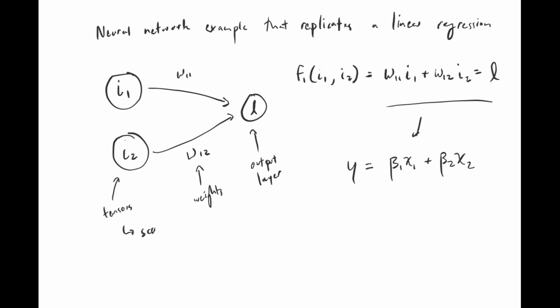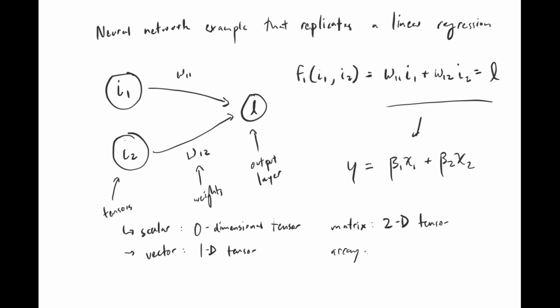So if you have a scalar, this is a 0-dimensional tensor. A vector is a 1D tensor. A matrix is a 2-dimensional tensor, and then an array is an n-dimensional tensor.